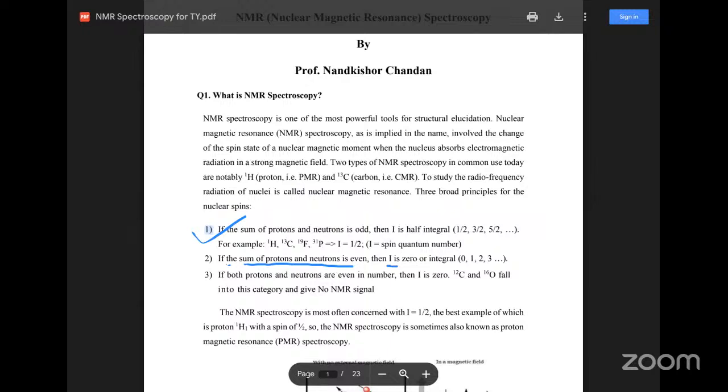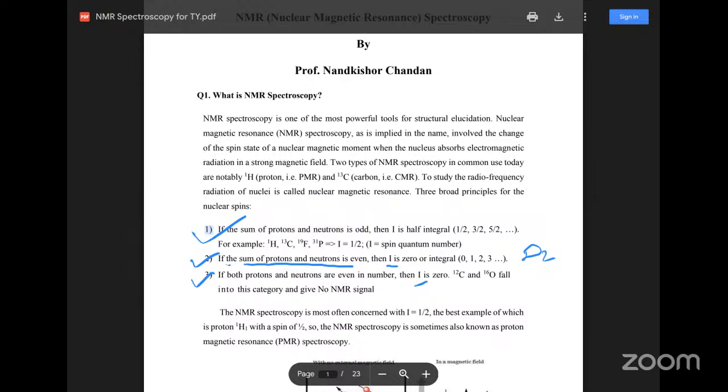In such cases, like C13 and deuterium, they will show a peak, whereas in proton NMR they will be inactive. Whereas if both protons and neutrons are even, then I will be 0, and such nuclei are not at all studied in NMR spectroscopy. This is all about these questions.